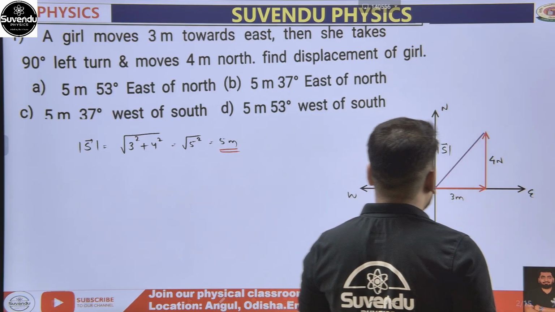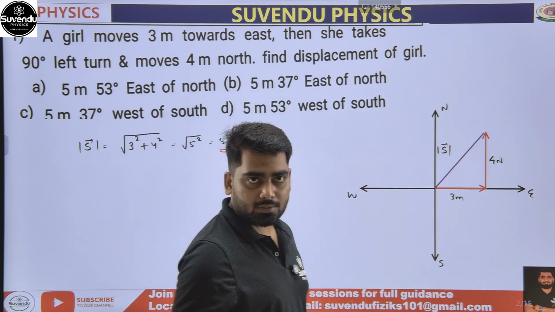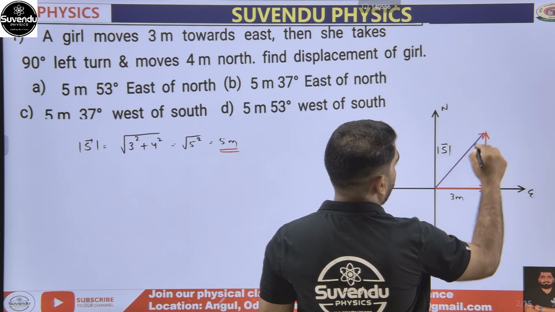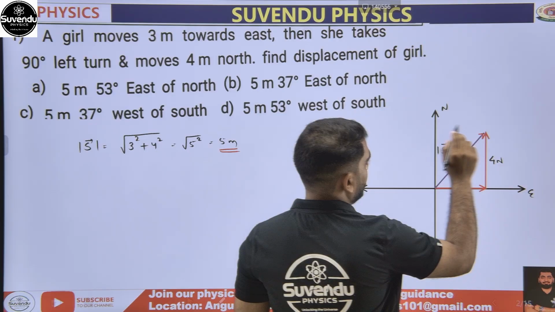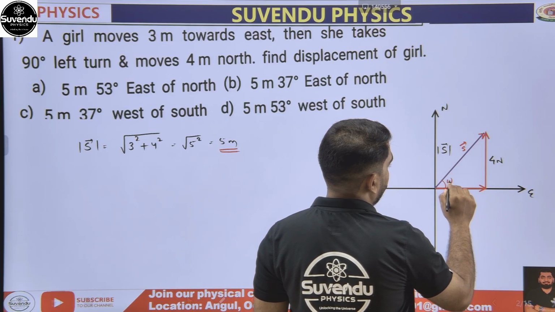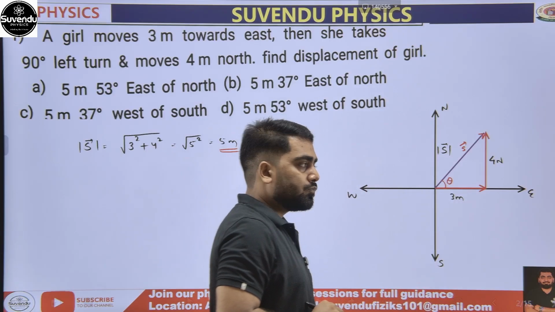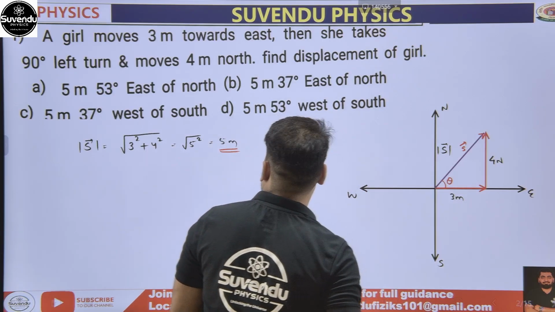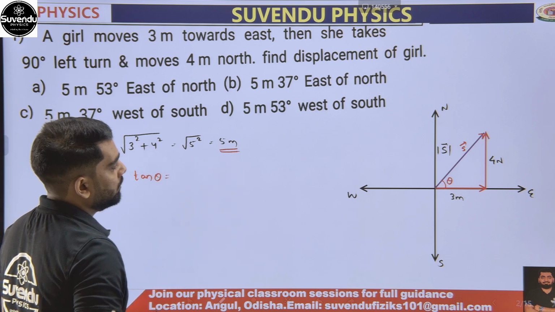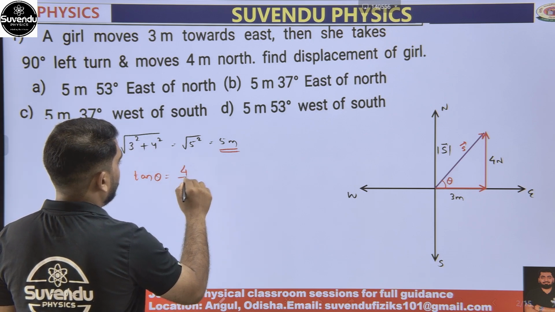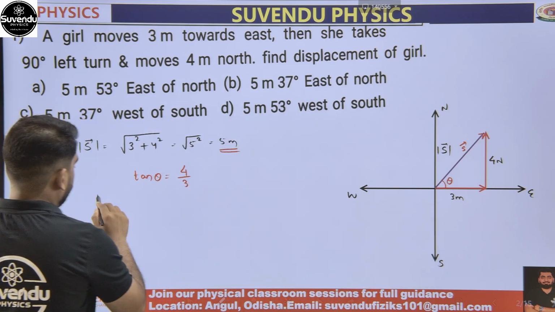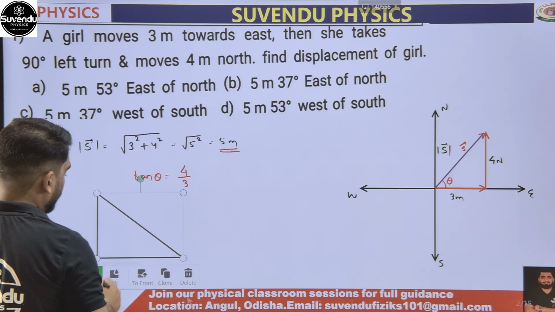Now see what the direction is. How will we find the direction? This is our S vector. In this figure, let us mark the angle as theta. So tan theta is equal to 4/3. But we have studied the 3, 4, 5 triangle, and we have to remember this triangle.